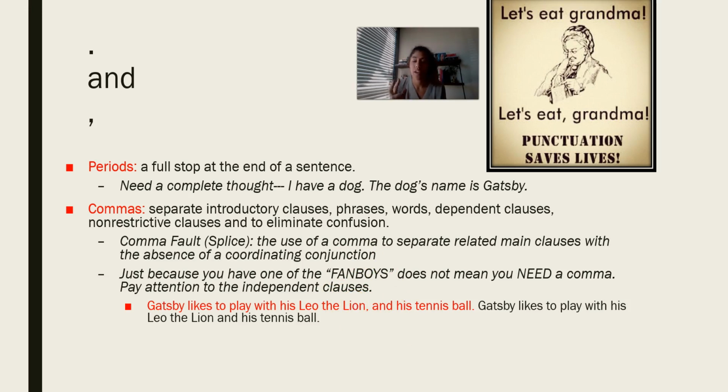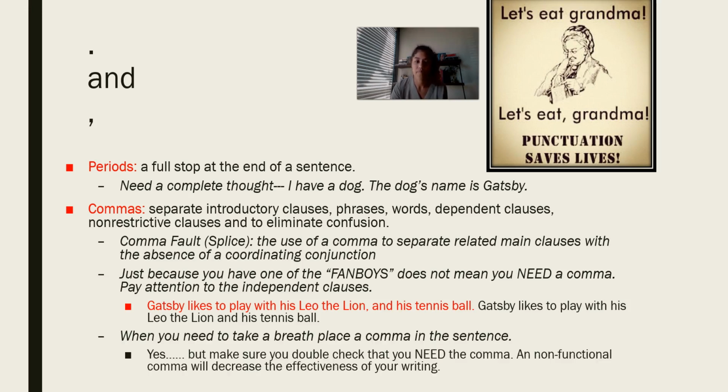That's one way we think about commas; they're a little more sophisticated than that, but it creates a sort of pause. As a reader, I'm waiting for, okay, he likes to play with his Leo the lion, and what is the next complete sentence going to be? But then it never comes, and that's where the confusion comes into play.